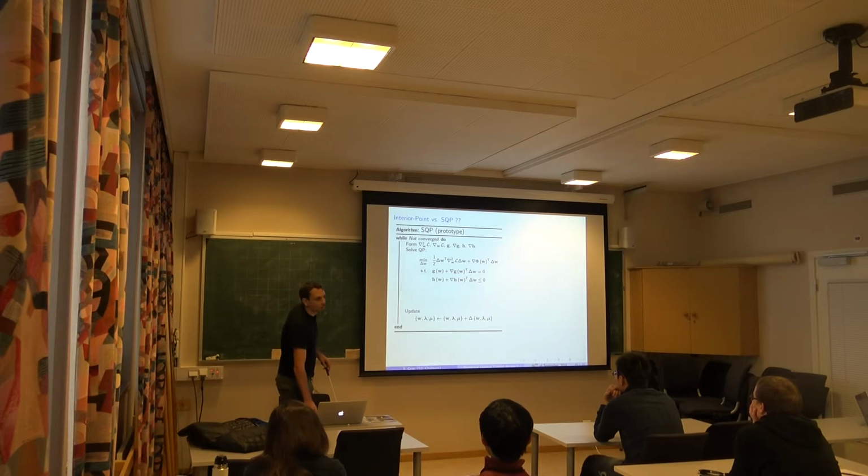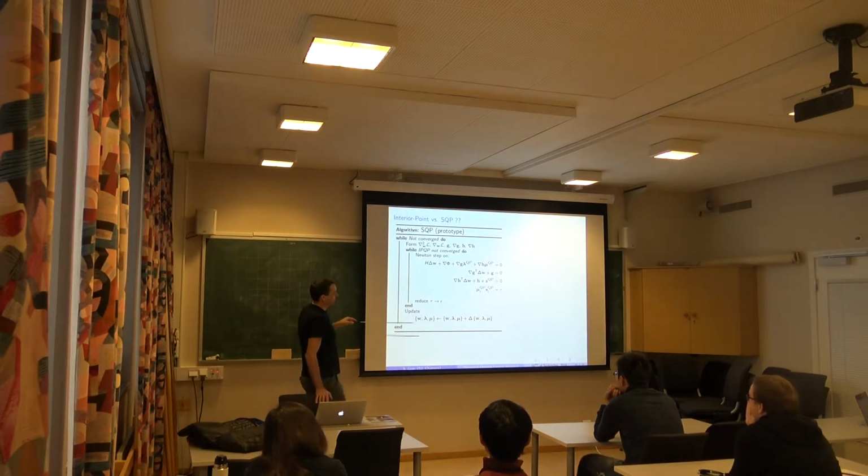Remember that approach? And you can imagine now that in order to solve that QP, you would throw the QP at an interior-point QP solver, which would essentially do Newton steps on the relaxed primal dual KKT conditions of the QP problem.